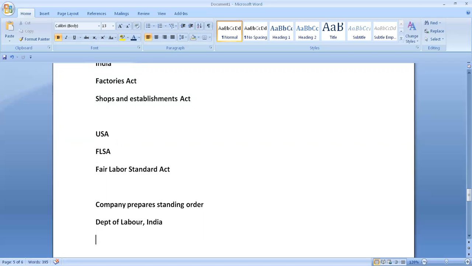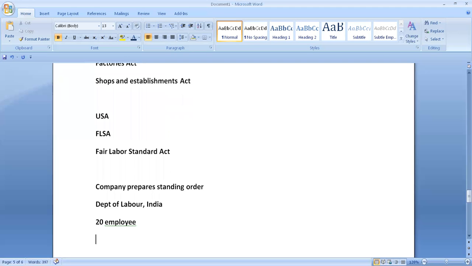These are applicable if the company has at least 20 employees, or there are certain other rules such as maintenance of electricity, lights and other things, or at least a minimum of 20 employees.